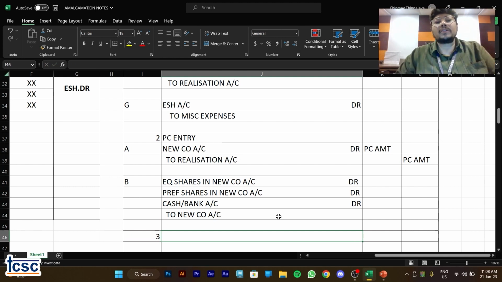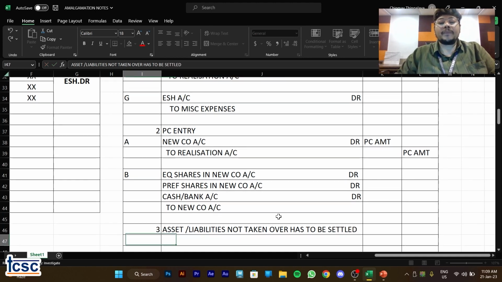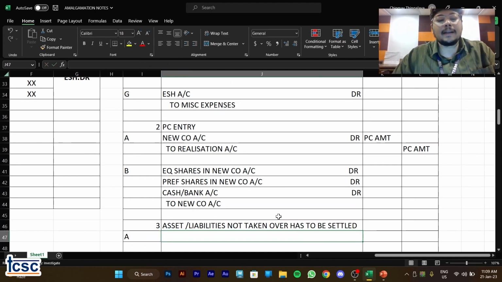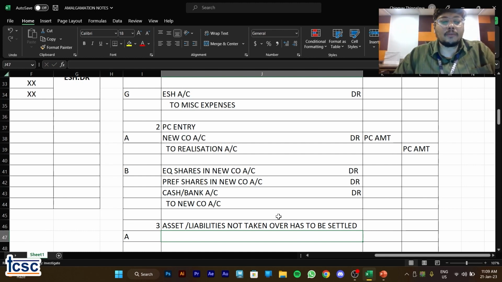After passing the PC entry, the next journal entry will be for assets and liabilities not taken over, which has to be settled. It's a compulsory and silent adjustment. Now, all the assets and all liabilities are transferred to realization account, so this entry will be passed through realization account only.